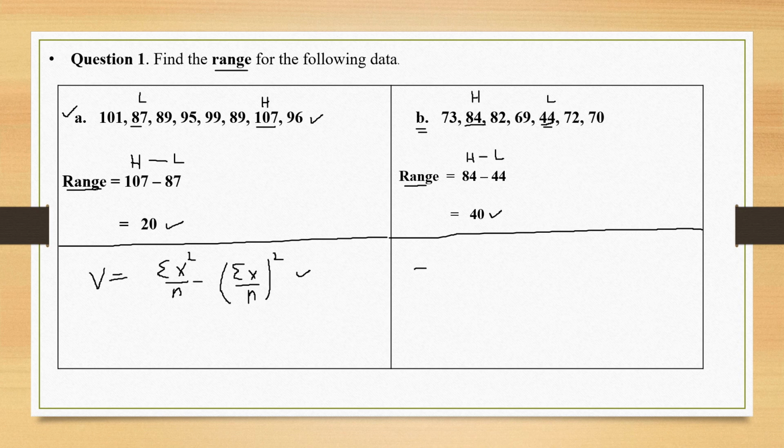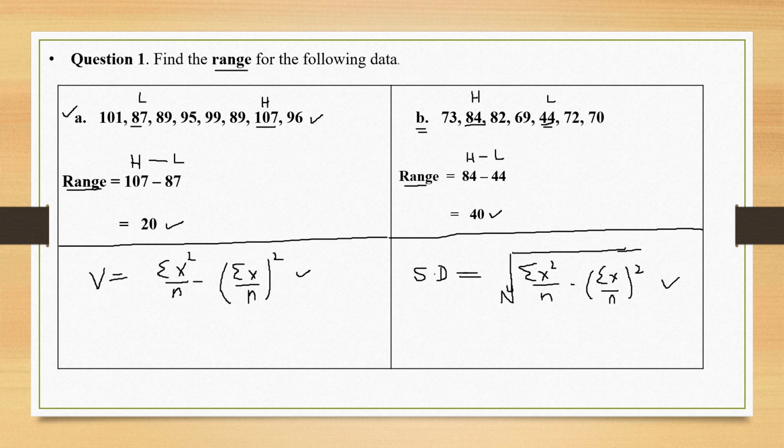Now to find the standard deviation, we use the same formula, but under the square root sign: the square root of the sum of x squared divided by n, minus the sum of x divided by n, whole squared.